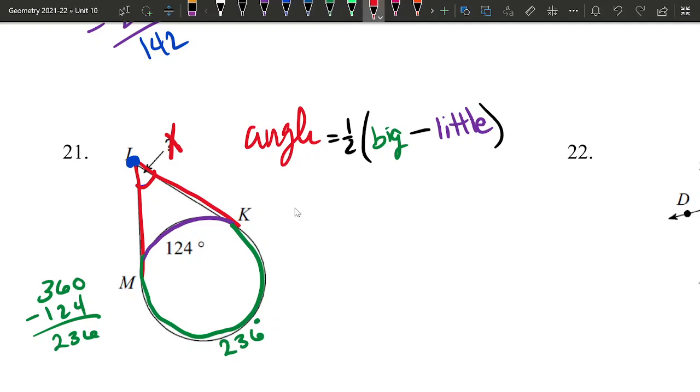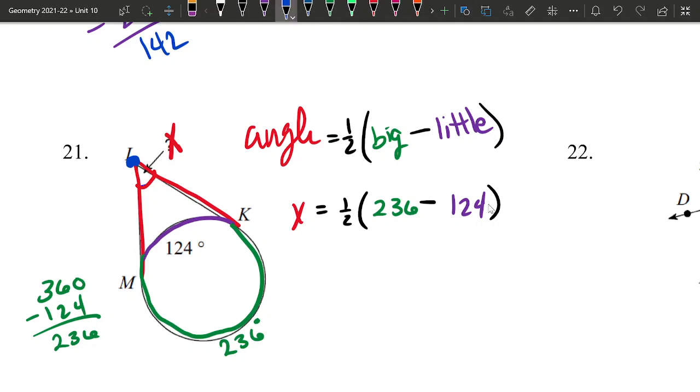So then the angle x is equal to 1/2 of 236 minus 124. And we can start by multiplying by 2. Well, you know what? We're solving for x.